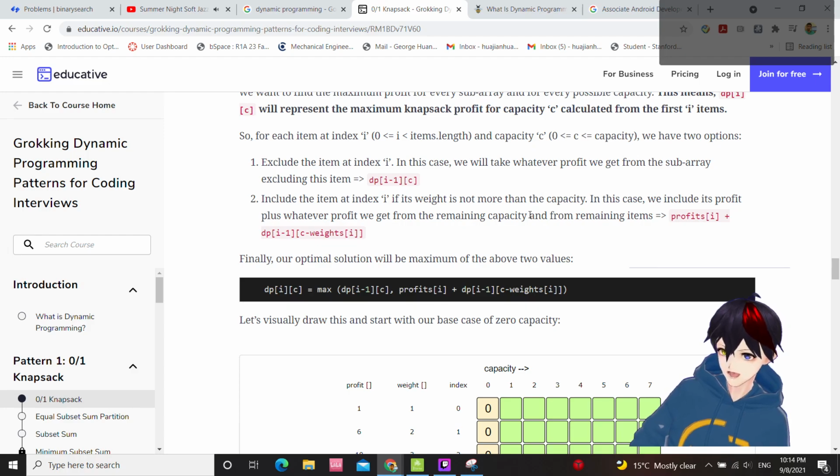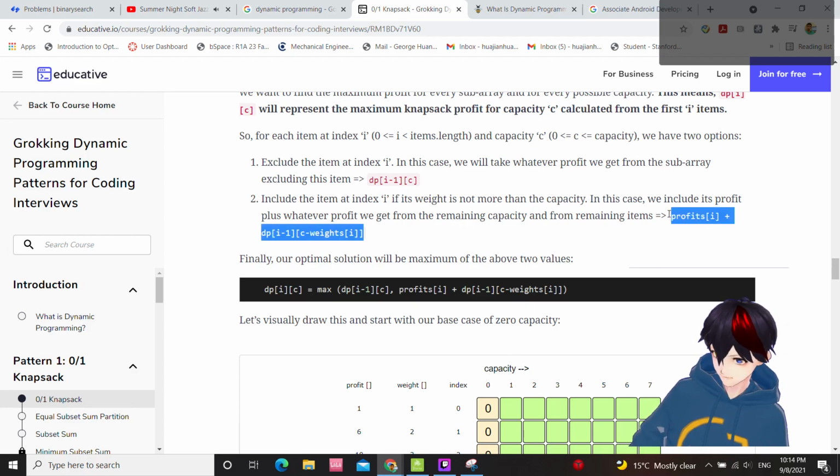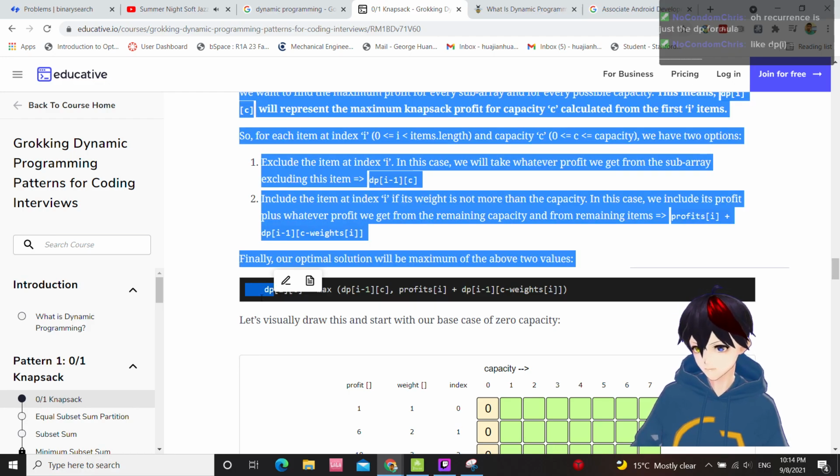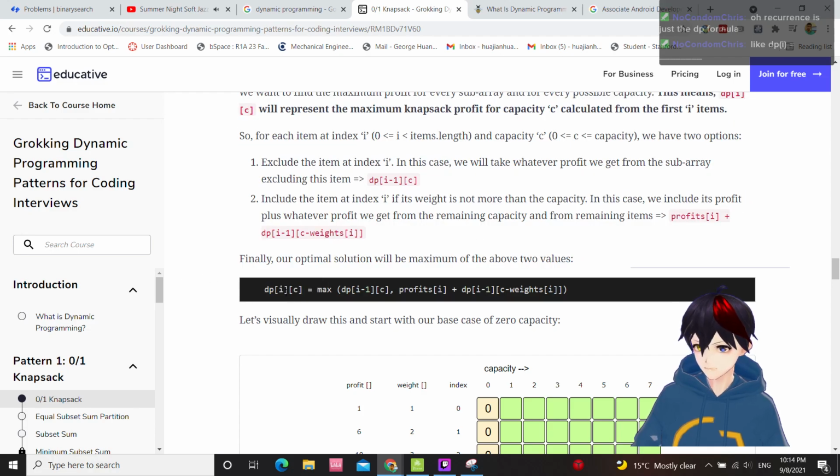Man, I've seen too many problems with bottom up. And honestly, I still don't understand this line. Let me drill down on it. Given a capacity and up to this item, it's the max.